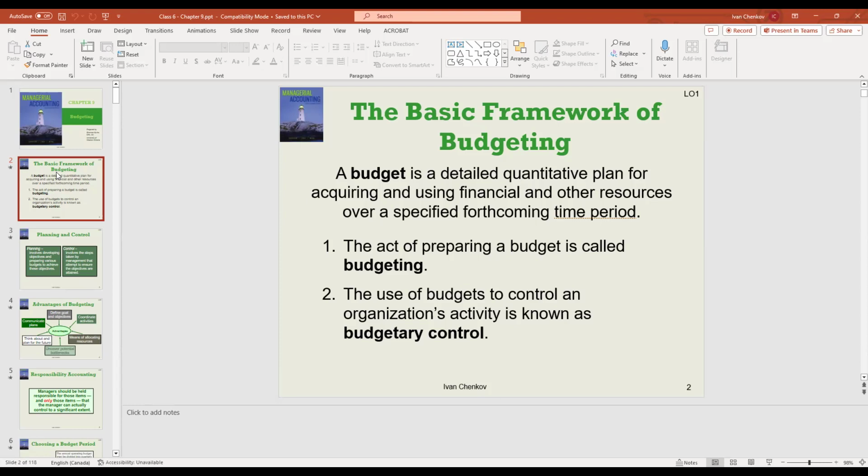So you can prepare the budget for your cash flow, for your inventory, or for the groceries that you're putting in your fridge. You can prepare so many budgets. But again, it's a quantitative plan of what you're getting and how you're using it.